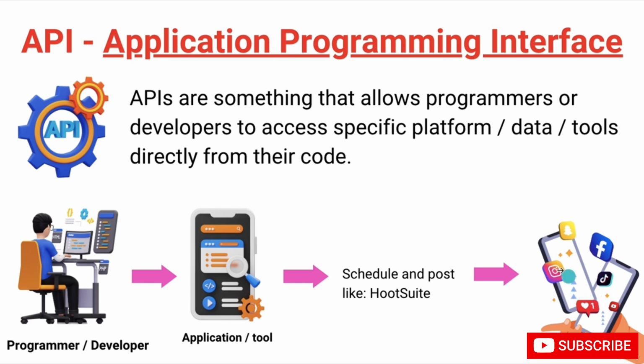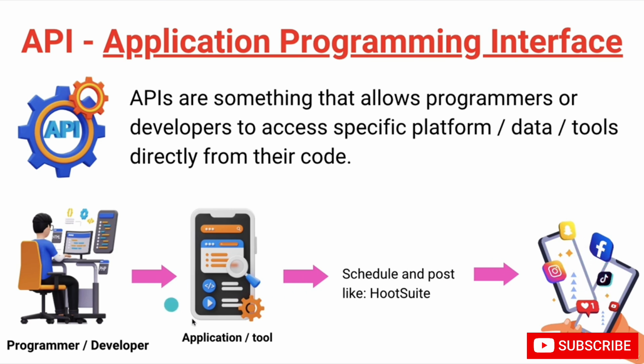So he wants to create one application or tool that can help people to schedule posts. For example, just create one post on Instagram and it will automatically post on, let's say, Snapchat, Twitter, and other social media platforms.